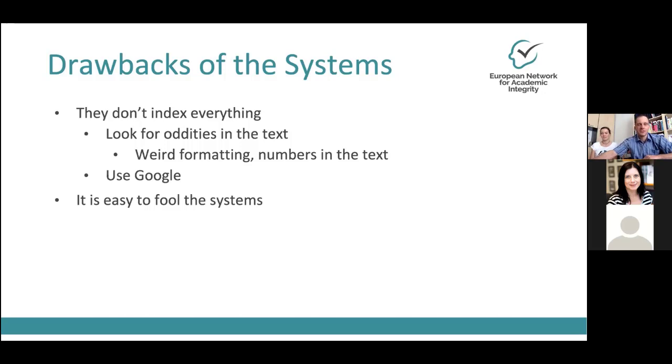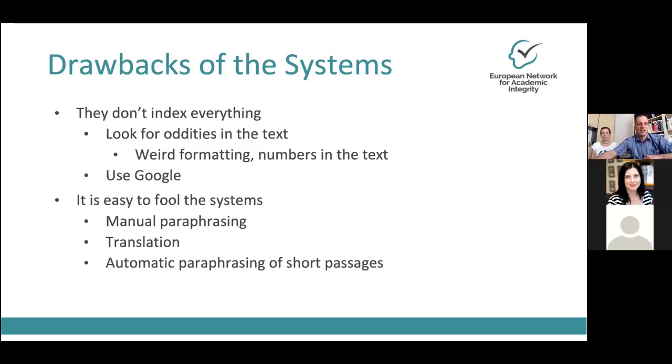And it is also easy to fool the systems by manual paraphrasing, by translation, and by using automatic paraphrasing tools, which change the words and characters, so the text match presented by the systems will be lower.